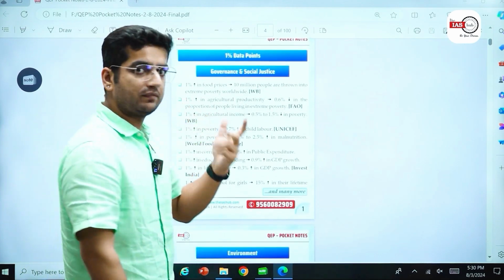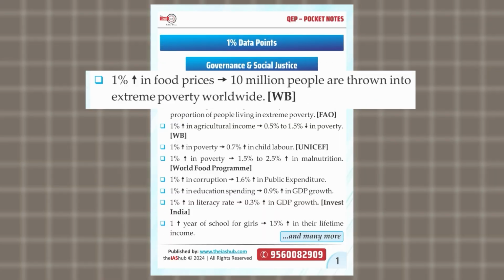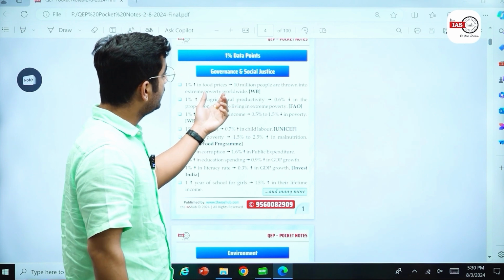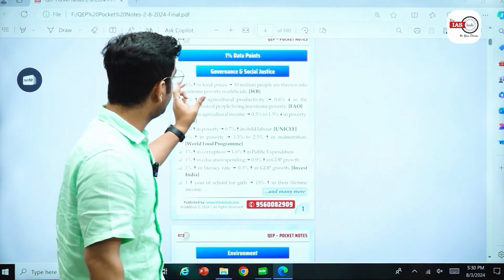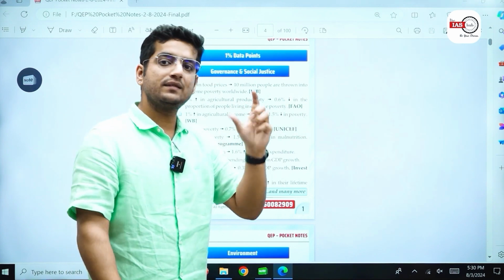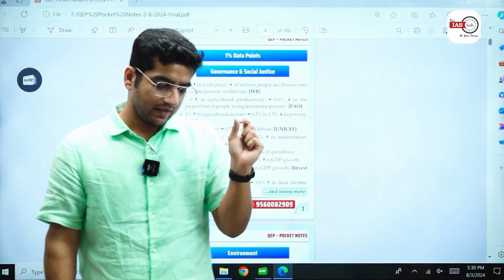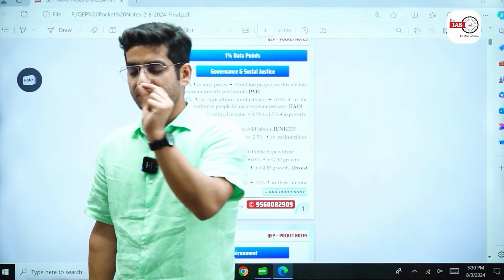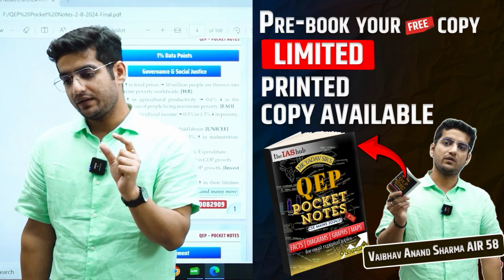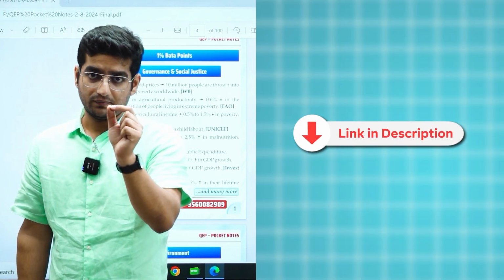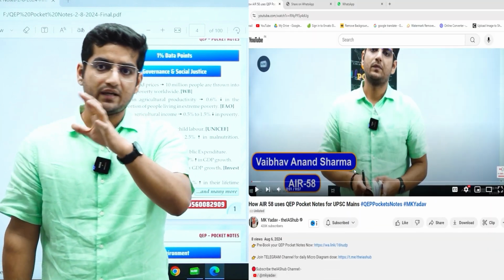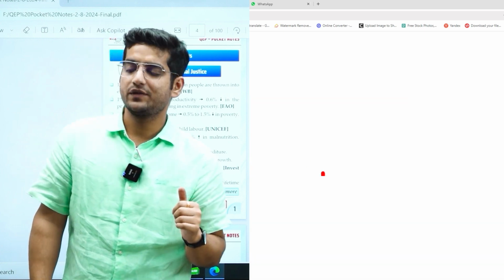1% data point, what does it mean? 1% increase in food prices leads to 10 million people being thrown into extreme poverty worldwide. So it is a linkage between increase in food prices and poverty. Poverty is a topic that gets used in GS3. It gets used in GS2 because poverty, hunger, malnutrition, all that is written in the GS2 syllabus.